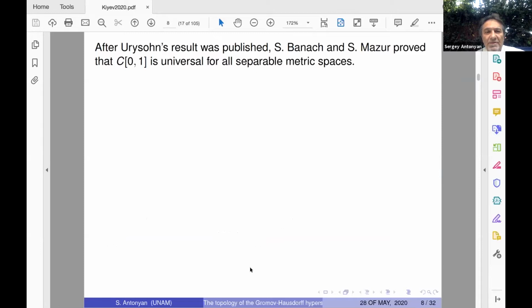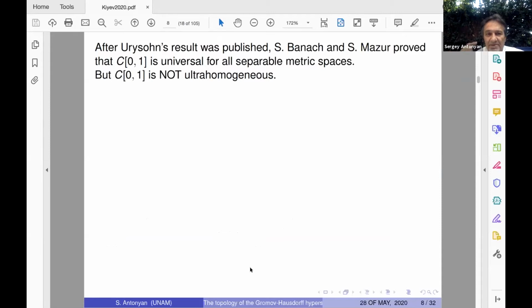After Urysohn's result was published, Stefan Banach and Stanislaw Mazur proved that the space of continuous functions on the interval [0, 1] is universal for all separable metric spaces, in the sense I mentioned above.